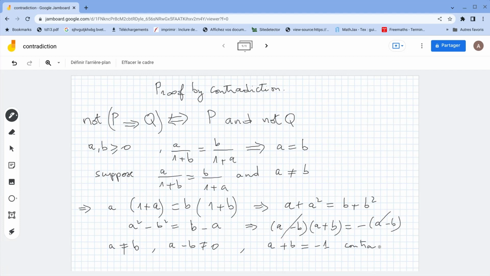Contradiction. This is a contradiction because the sum of positive numbers doesn't give a negative number, because A and B are positive. And this finishes the proof.